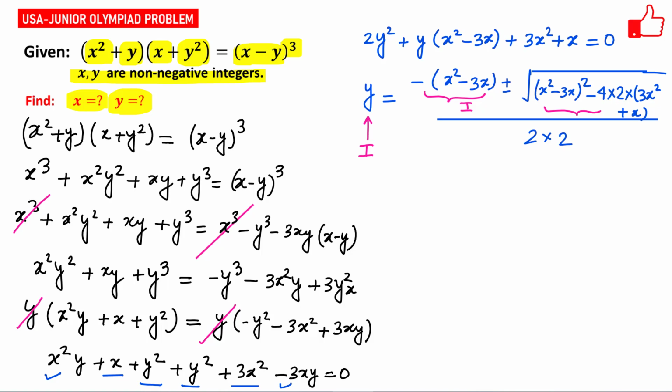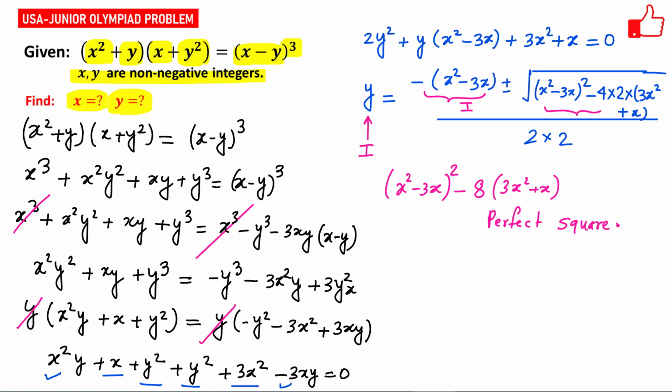Then only I will have y as an integer. So from here I can say the term inside the root, that is (x² − 3x)² minus 4 into 2, 8 times (3x² + x), must be a perfect square, so that I can have y as an integer.